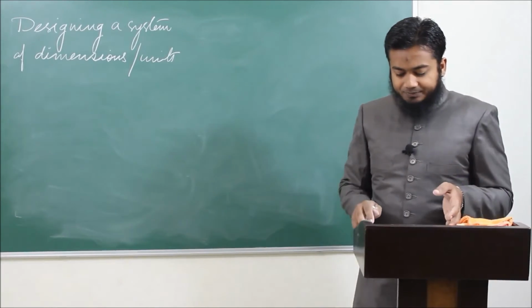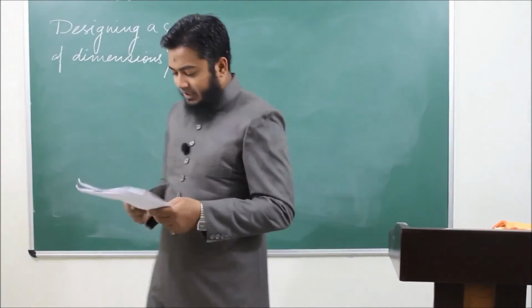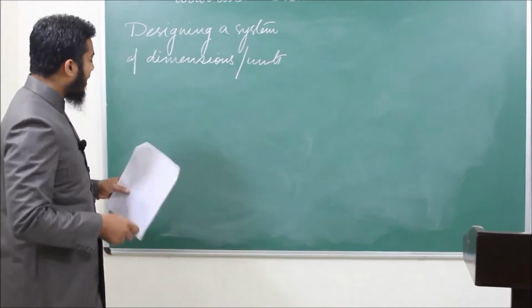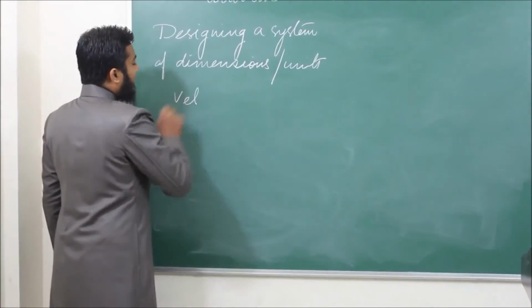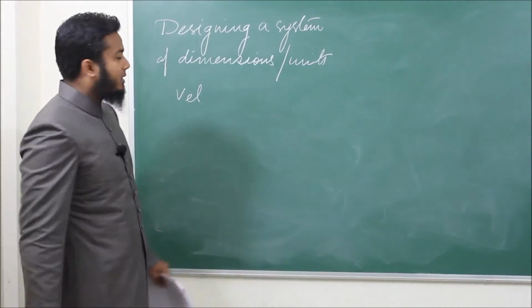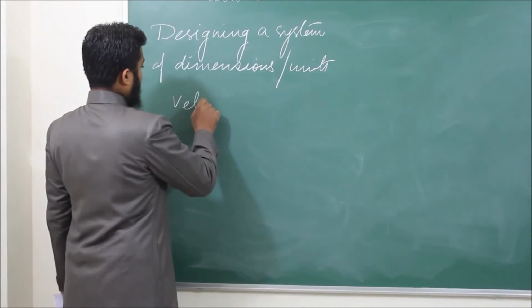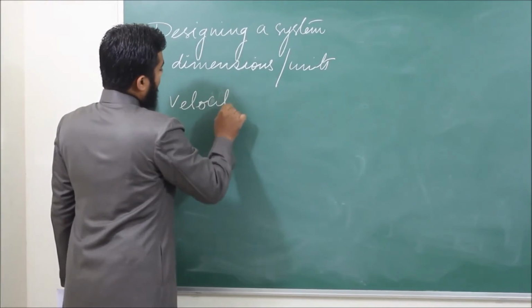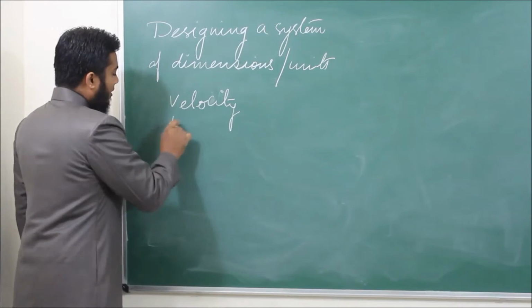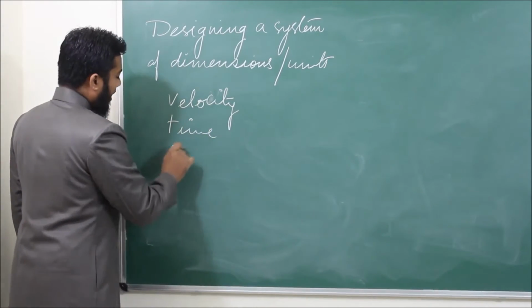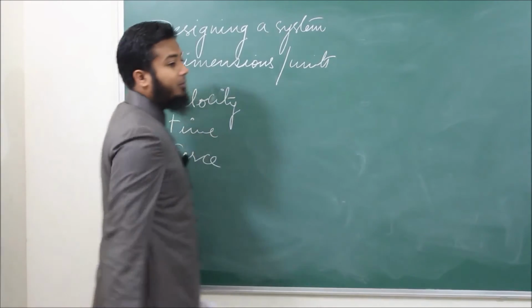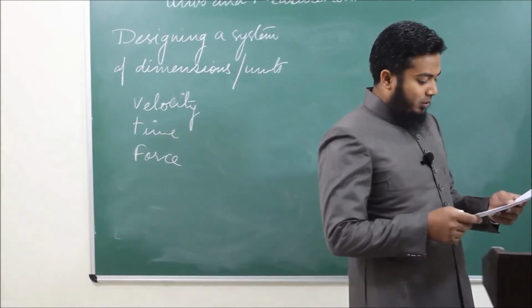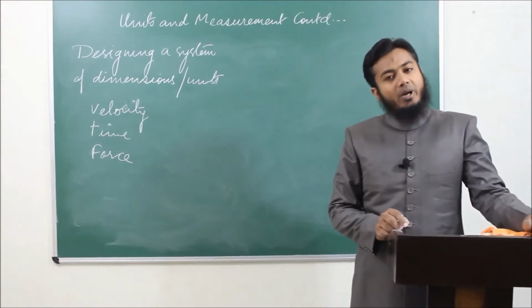For example, if we take the base quantities as velocity, time and force. If I say in my system of units, velocity, time and force are going to be the base units, then I want to know the dimensional formula for mass.